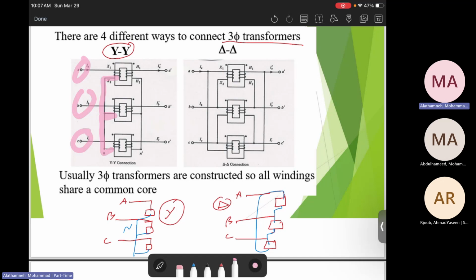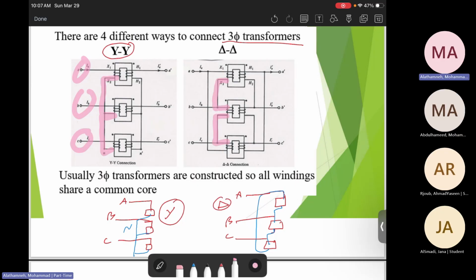However, in delta, you will see the negative of phase A will go to the positive of phase B, and the negative here goes here, and this one will go here. So all of them will be in delta shape. Then the other phases, phase A will enter here, phase B will go here, phase C will go here, and so on.